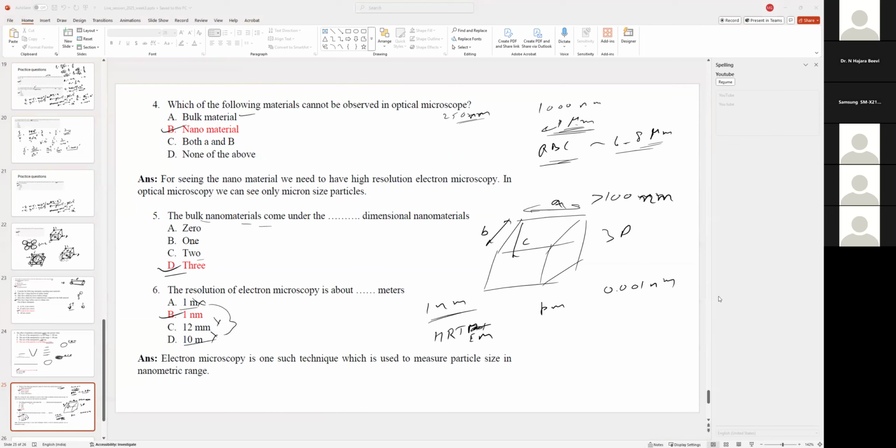Here is 300 kV. The Cs corrected HRTEMs can resolve individual atoms. So atoms are picometer size.